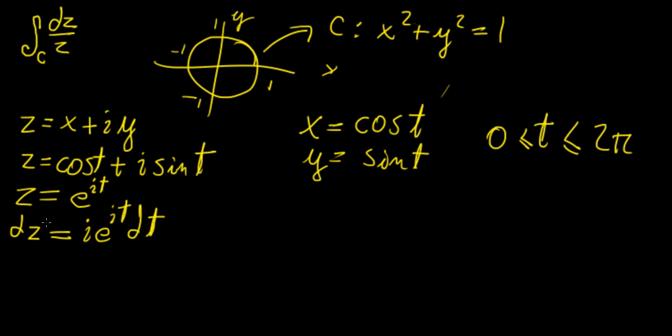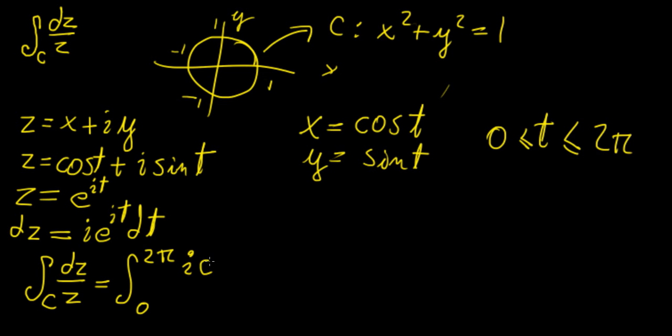And all we do is plug these values back into the integral. So we get the integral of dz over z equal to the integral from 0 to 2 pi of i e to the it over e to the it, dt.